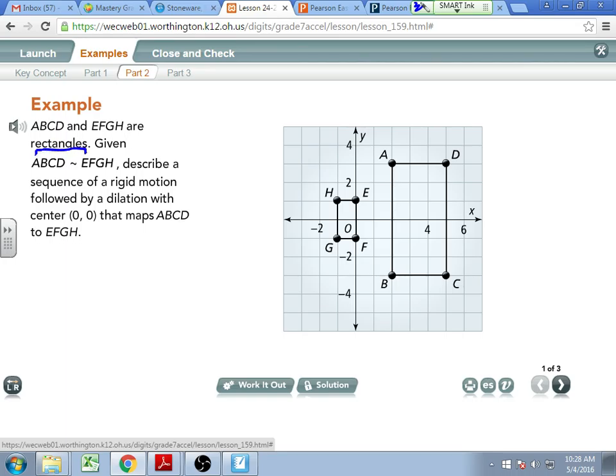A has to map to E, B has to map to F, C to G, and D to H. So if I look at A mapping to E, and if I look at B mapping to F, notice that it's not just a slide.